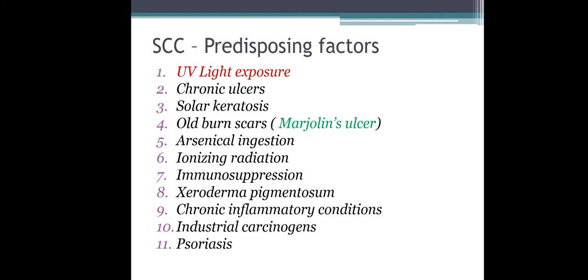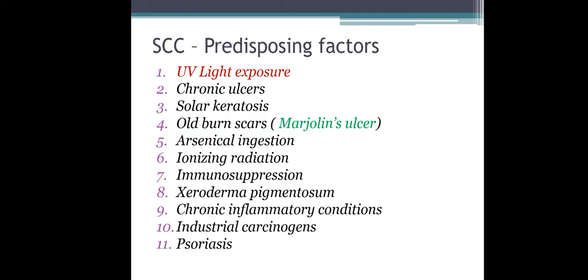Now, what are the predisposing factors of squamous cell carcinoma? You have ultraviolet light exposure, more because of the sun exposed sites. Chronic non-healing ulcers over the limbs. Solar keratosis is another premalignant condition. Old burn scars, known as a Marjolin's ulcer, is another important premalignant condition. Arsenic ingestion, ionizing radiations, immunosuppression.